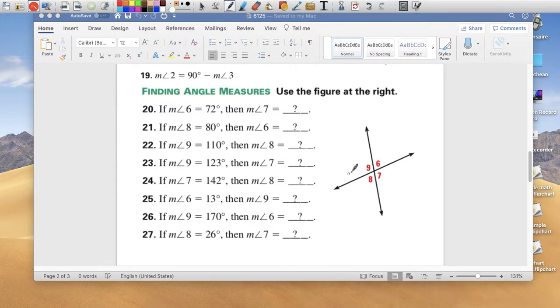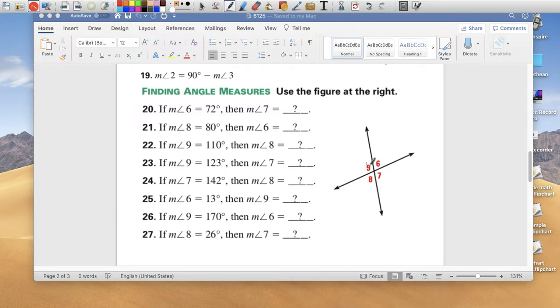Angle 6 is 13. How much is angle 9? Angle 9 plus angle 6 is 180, so this would be 167 degrees, because remember, it's a straight line.